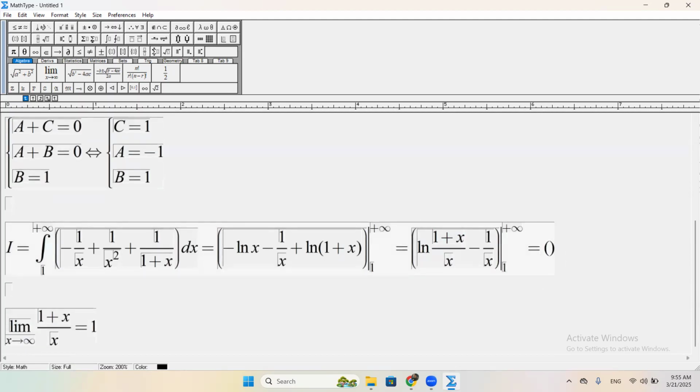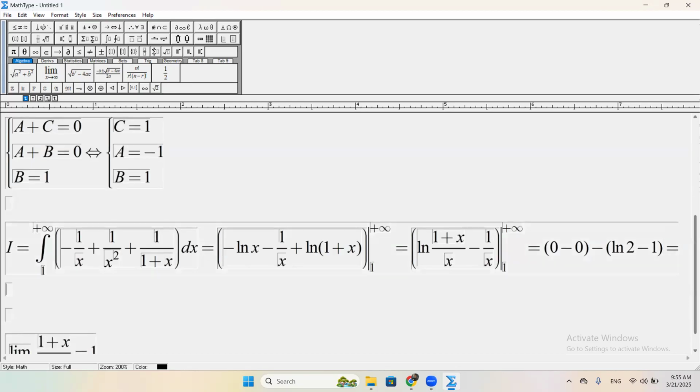So 0 minus 0 actually, because if I substitute infinity here, I also receive 0, and minus (1 minus logarithm of 2), and minus 1. Yeah, so brackets here. So the result is 1 minus logarithm of 2. Any questions about this exercise?